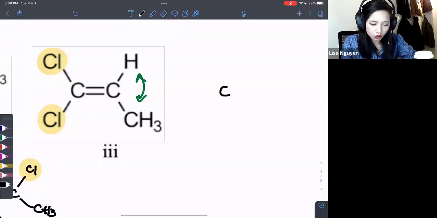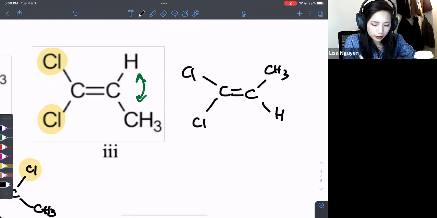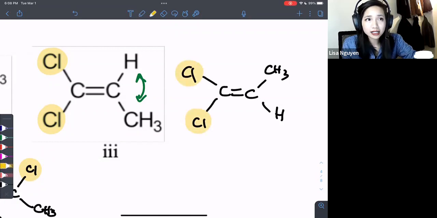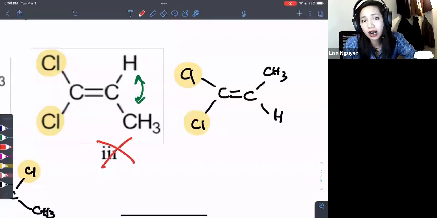So let's redraw this. Carbon, CH3, hydrogen, chlorine, chlorine. I'll highlight those chlorines. And note that this is actually the exact same molecule. I just flipped it like hot dog style, and it's the same exact molecule. So 3 is not a cis or trans isomer either.